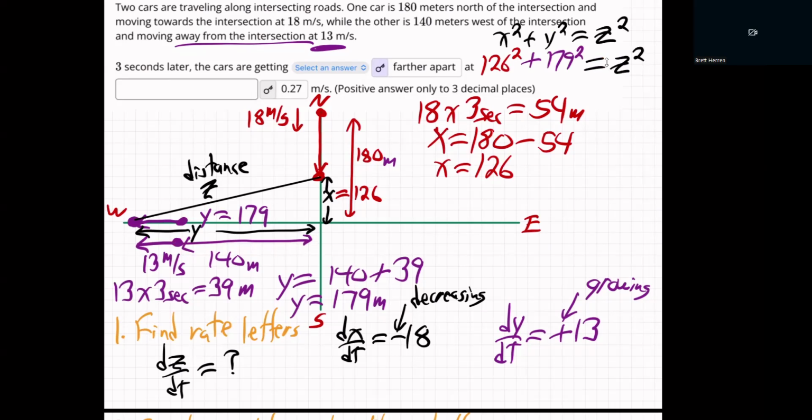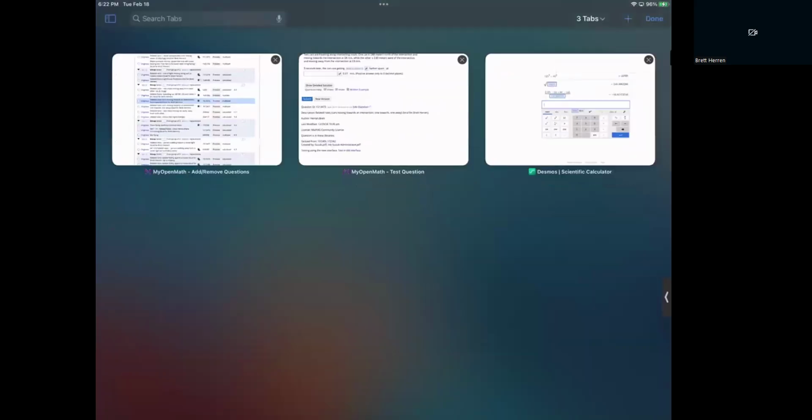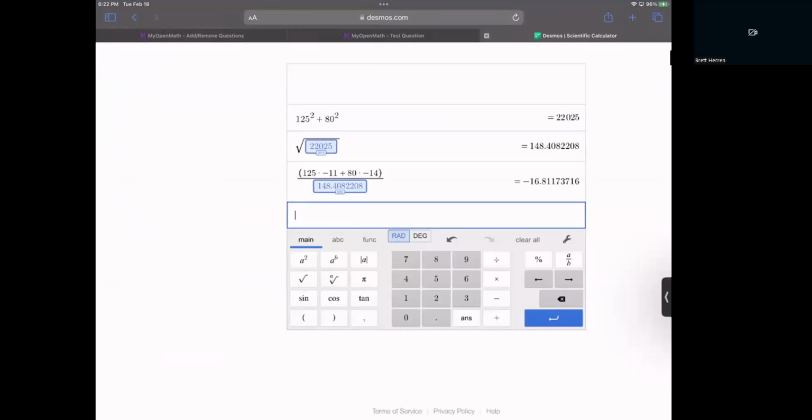And then root it. And boom. So z equals that right there. Oh, we can probably simplify that. 126 squared plus 179 squared. Let's go to decimals.